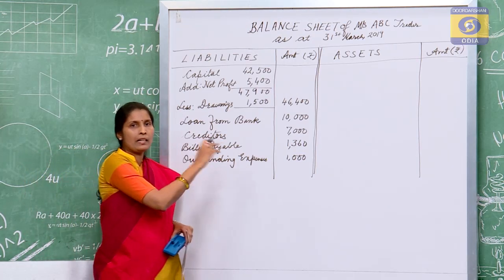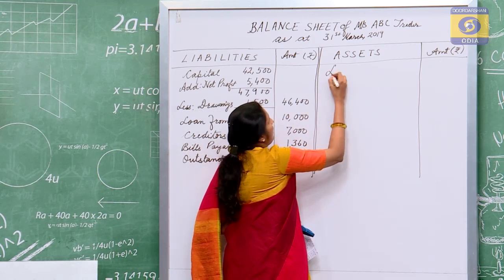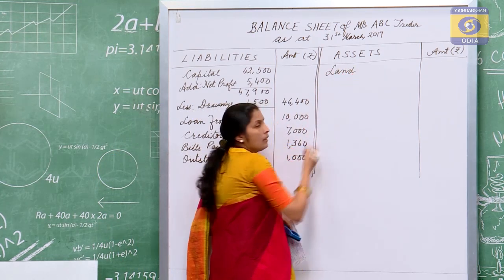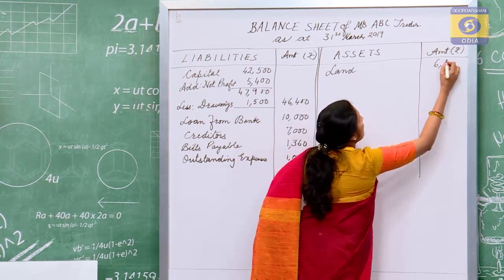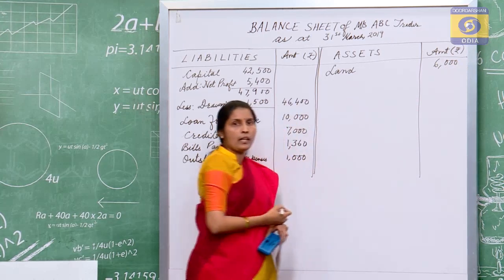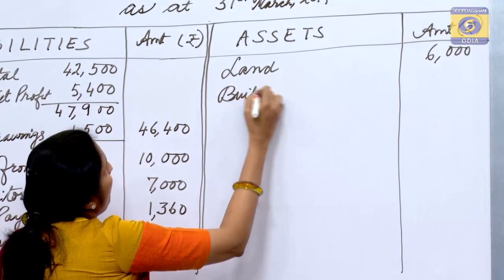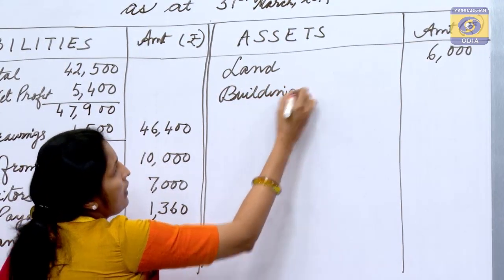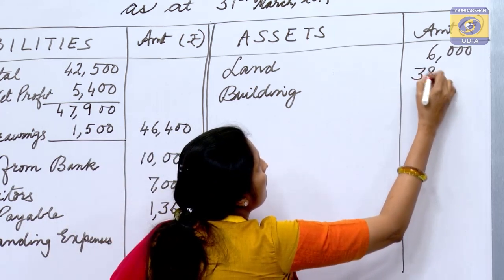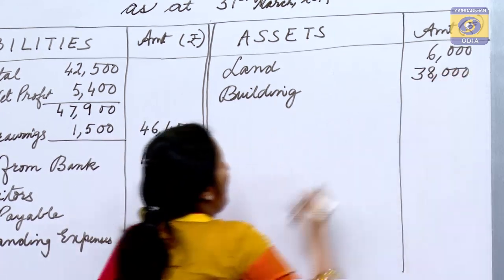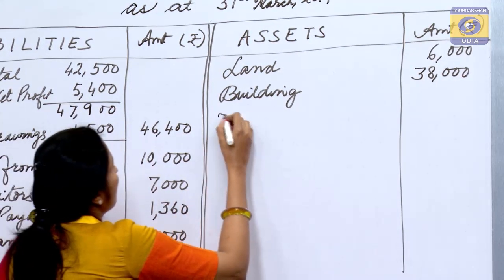Now let's move on to the asset side. On the asset side, with the more permanent asset, we'll have land. So land, the value given to us is 6,000. Next we have building. The amount for building given to us is 38,000. Next item on the asset side will have furniture.